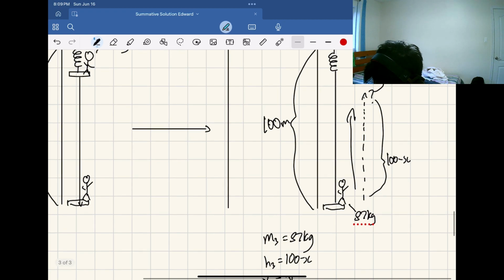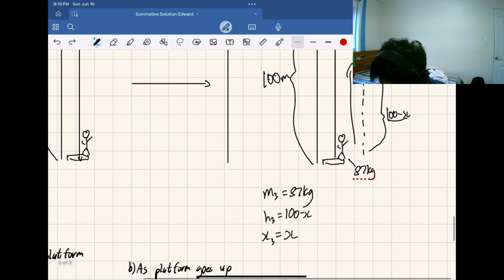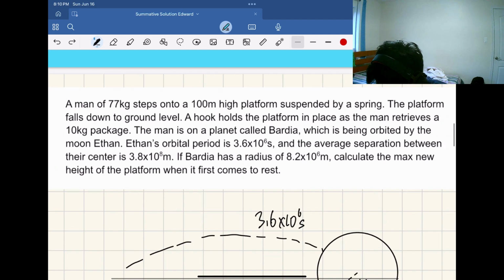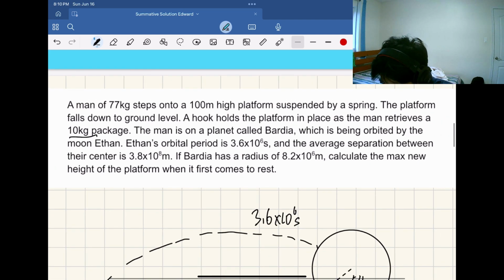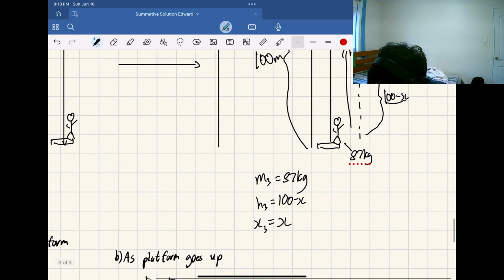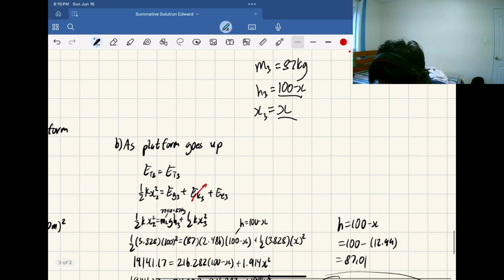And this is the height, which is 100 minus x, because the whole thing is 100 and this part is x. Like the question stated, he receives a 10 kilogram package, so his mass has changed. It is 77 plus 10, which is 87.